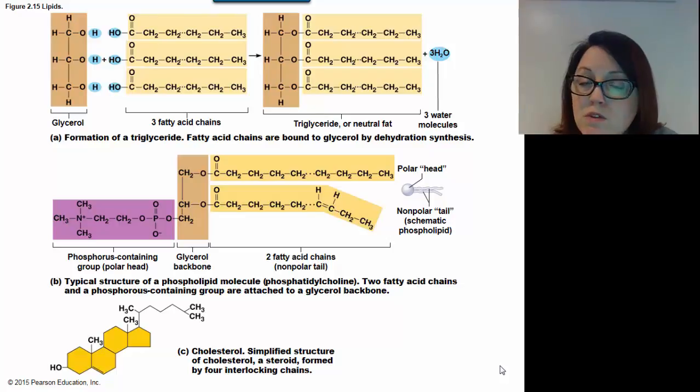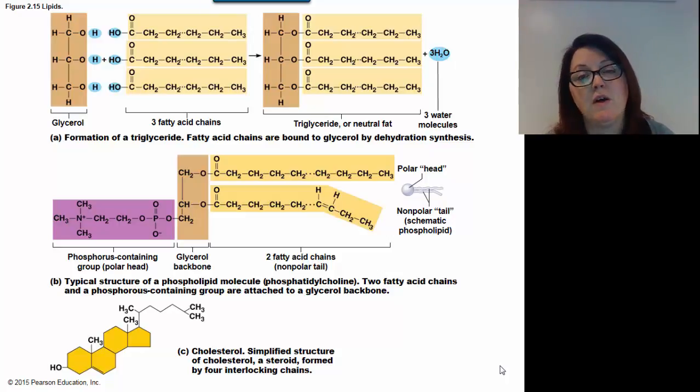Not all hormones are lipids, and I should probably define a hormone. It's a term you've probably heard before. A hormone is a chemical messenger used in the human body for communication. We have different types of chemical messengers we can use in the human body. Neurotransmitters are also a chemical messenger used in the human body, but they're different from hormones.